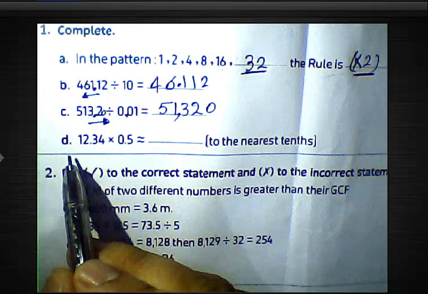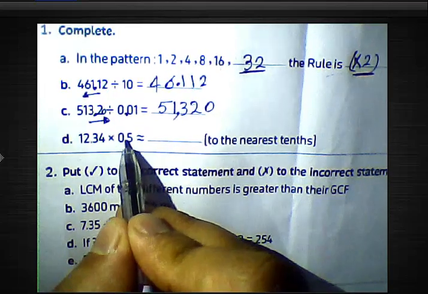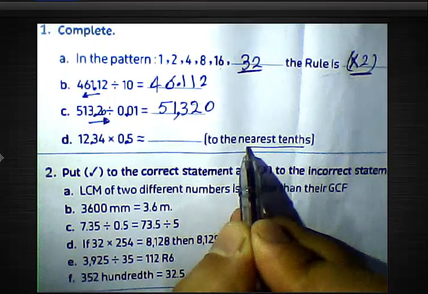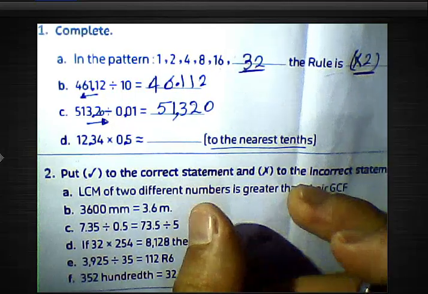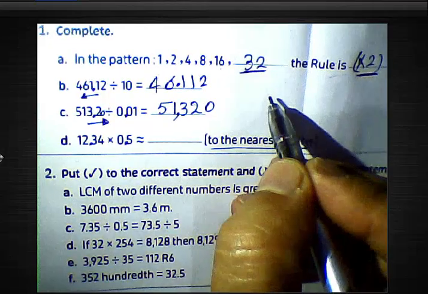Question letter D. 12.34 multiply 0.5 and then approximating to the nearest tenth. First we can find the result and approximate it to the nearest tenth. We can solve it here.